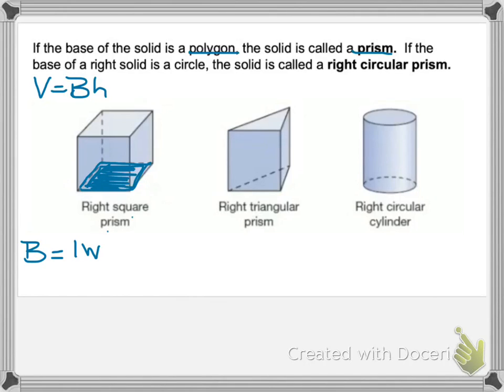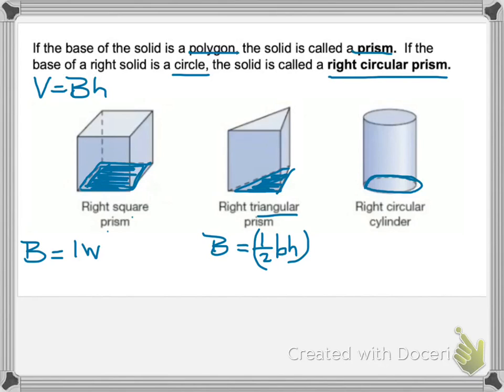Now we have a right triangular prism. The base is a triangle. So the area of this base, the big B here, would be 1/2 of the base times the height of that little triangle, right? And we have a right circular cylinder. This says if the base of a right solid is a circle, it's called a right circular prism. So we have a kind of a cylinder here, right?